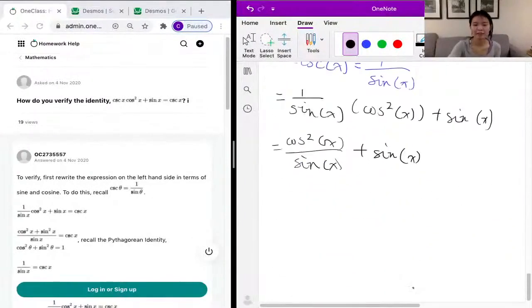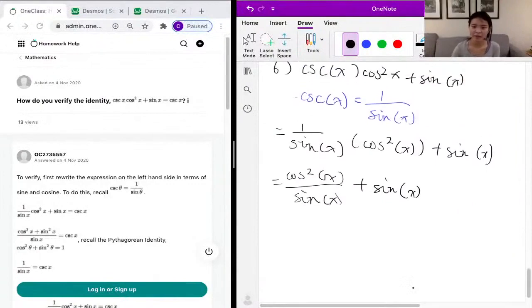Now we have a fraction, which is cos squared of x over sin x, and we have another sin x over here. Let's get the fractions to have a common denominator, and then we could probably finish our simplification.